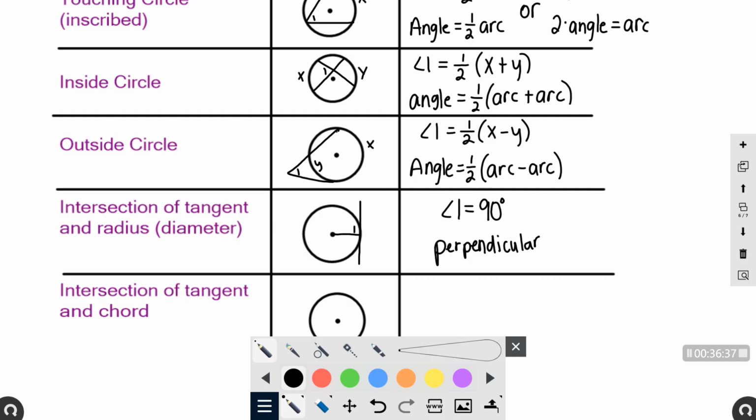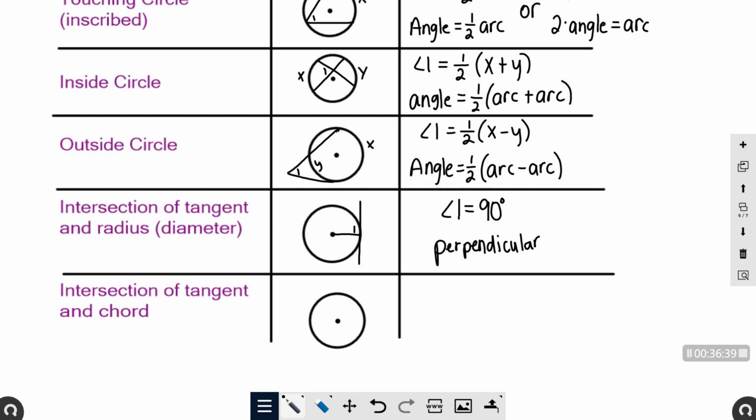We've got one last one. That's the intersection of any chord and a tangent. I have the hardest time drawing these, so you'll have to forgive my drawing. Angle 1 equals. Now, this one, notice it's an intersection of a tangent and a chord, but still, where is the vertex?